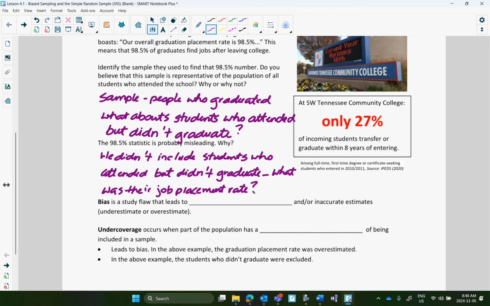So that means that the 98.5% is likely an over-representation of the true rate of all students.